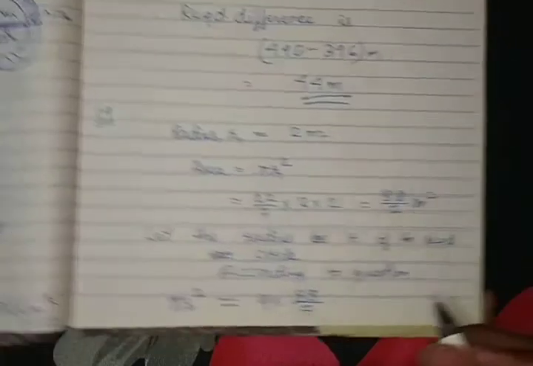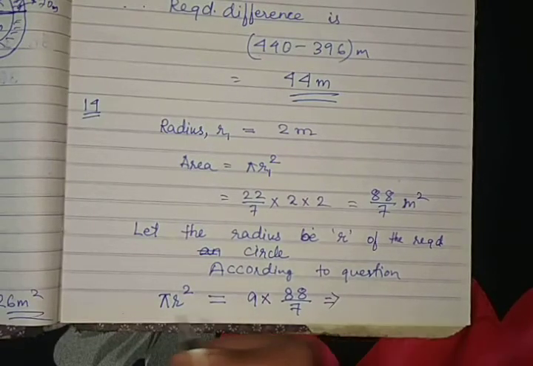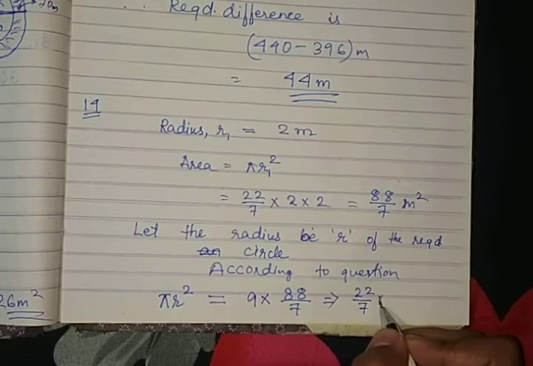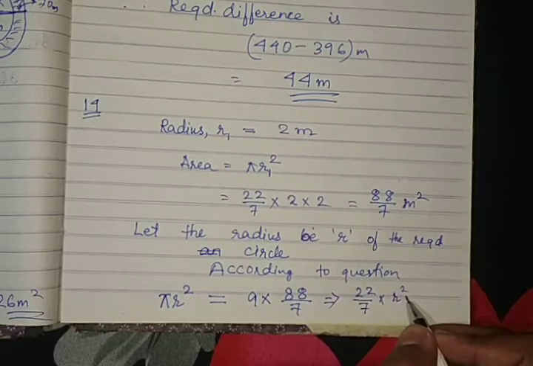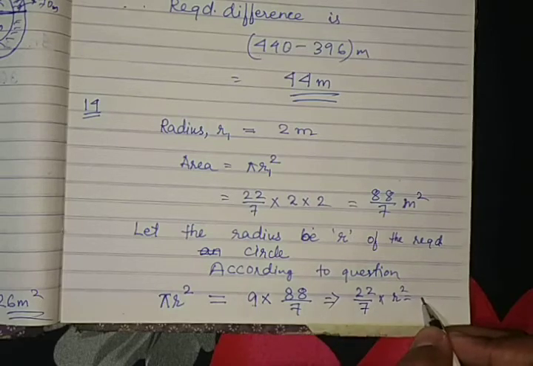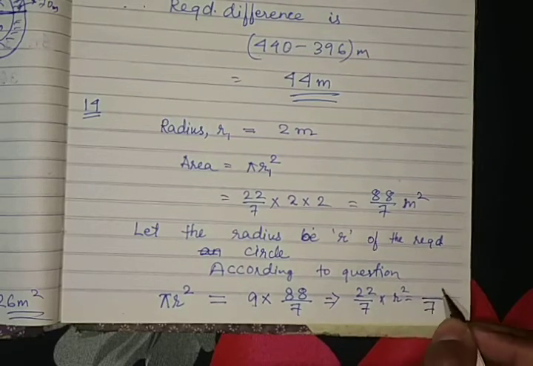Now we have to substitute the values. The value of pi is 22 by 7, into r square, is equal to 9 times 88 by 7, that is 792 by 7.